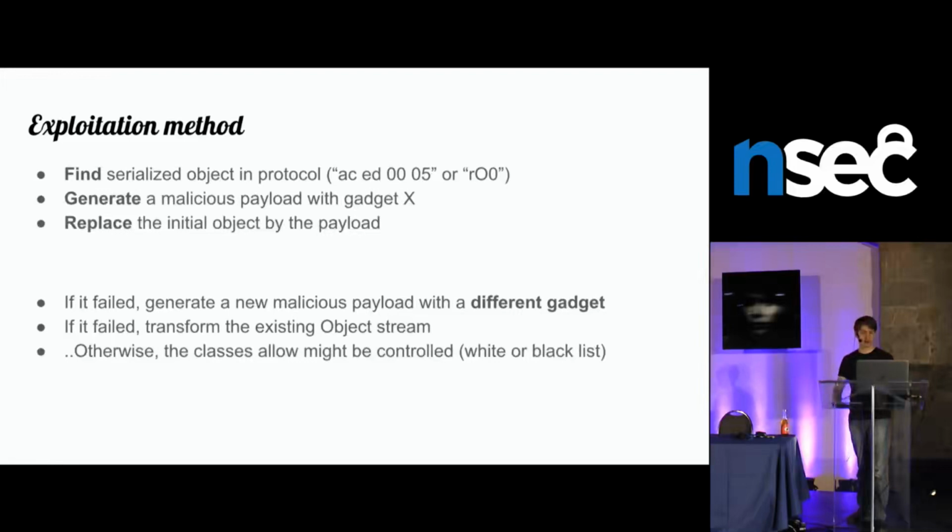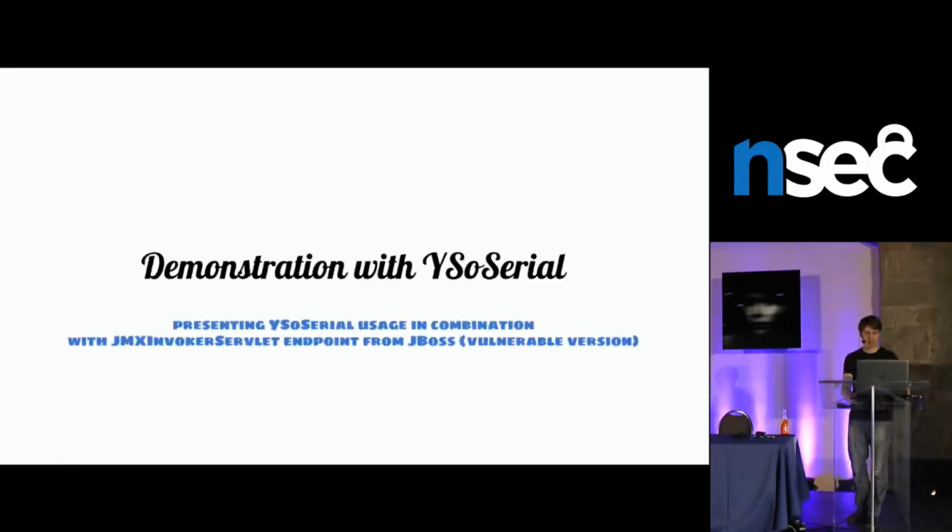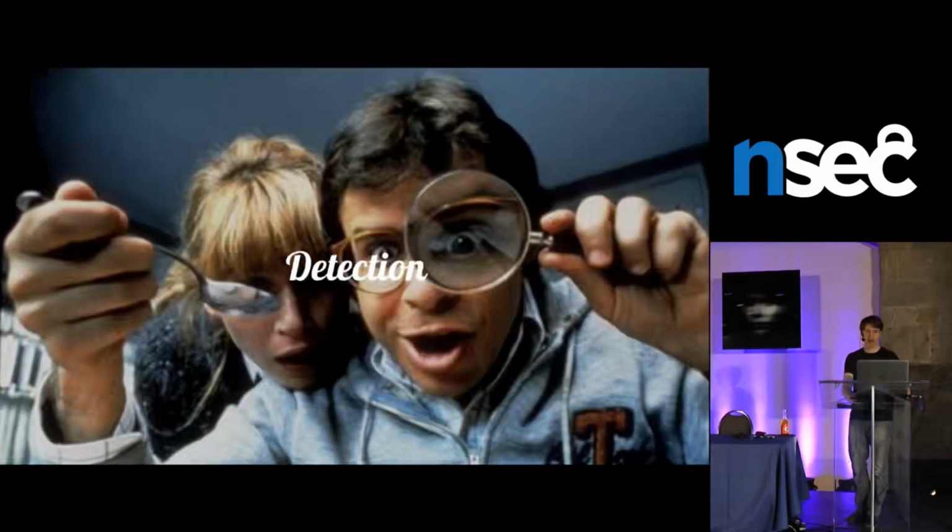That's a little detail. If it still doesn't work, it might be that it's not vulnerable, so they are whitelisting the classes that can be deserialized, or there could be a blacklist in place. So that's the demo I just did.